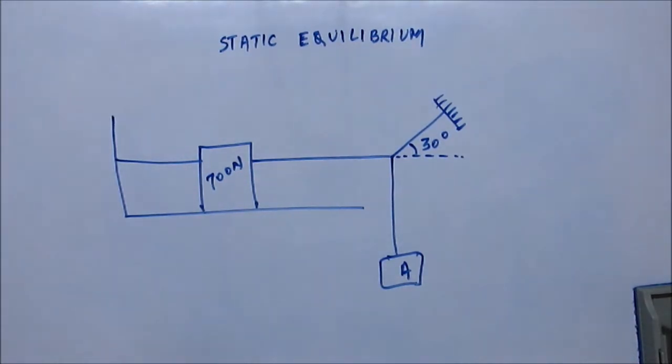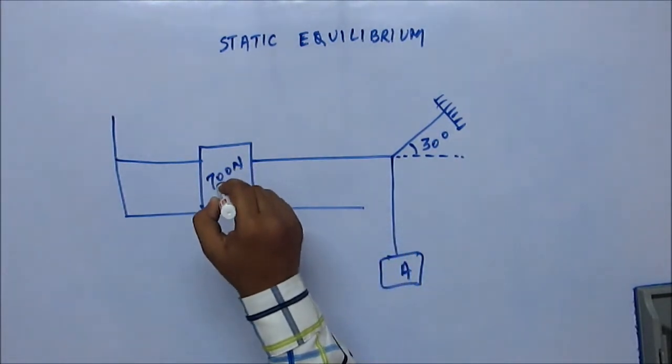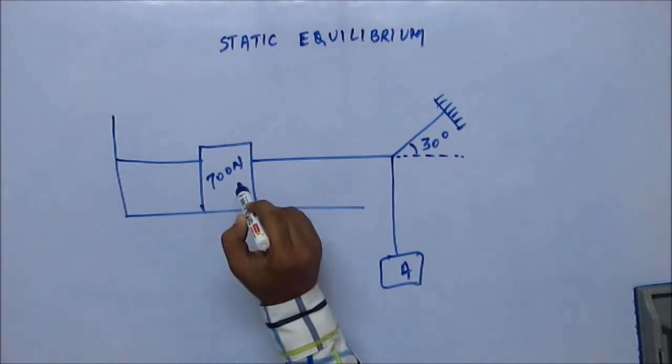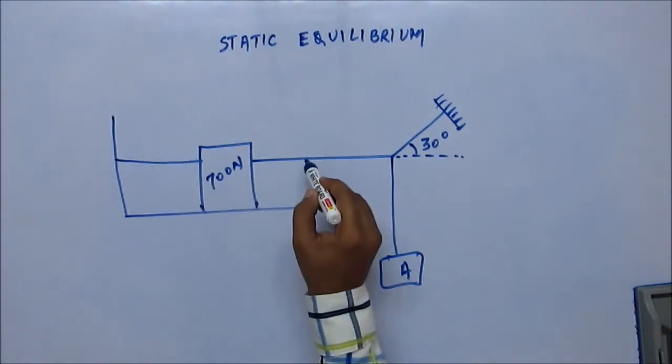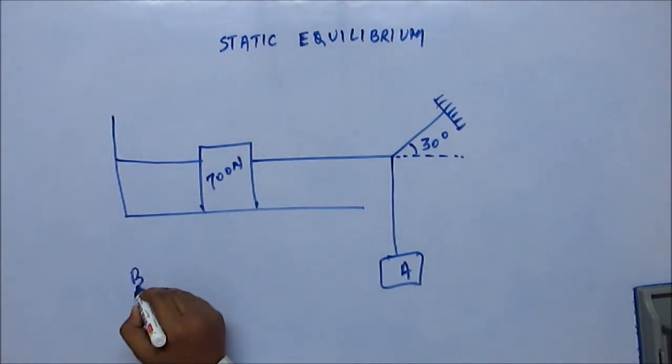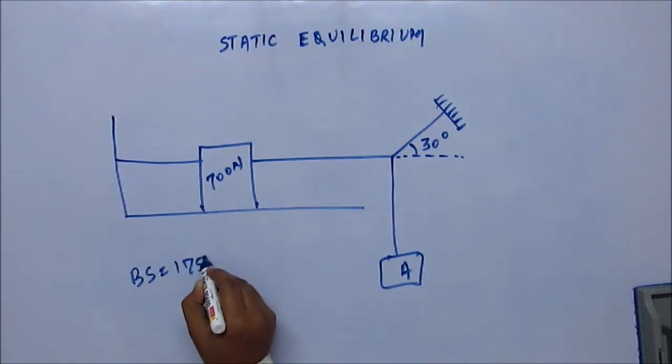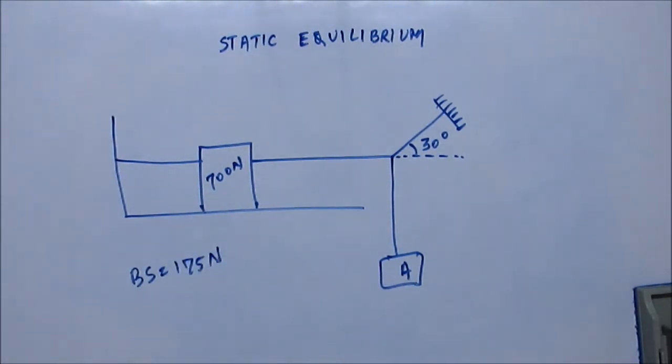This is 30 degrees, 700 Newton, and it is said that the breaking strength of the string attached with this block, this string and this string, is 175 Newton. So they are asking what is the maximum weight of this block, hung like this, that can be sustained in static equilibrium without breaking the string.